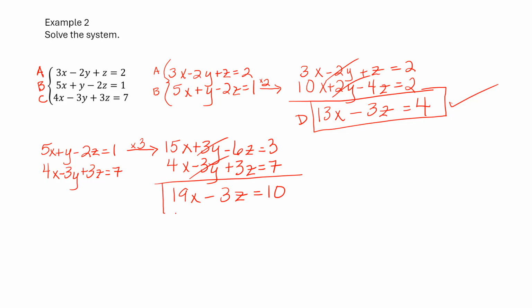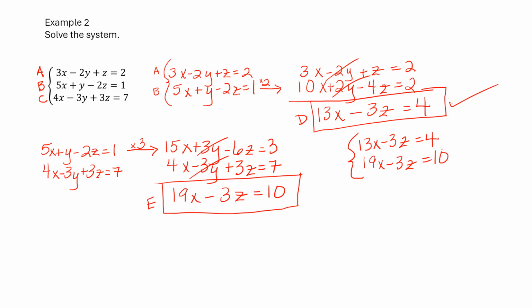All right, so now I have another equation in x and z. I'll just call it E. And now I will put those two equations together and solve for x and z. So I'll have the D equation, 13x minus 3z equals 4. And the E equation, which is 19x minus 3z equals 10.